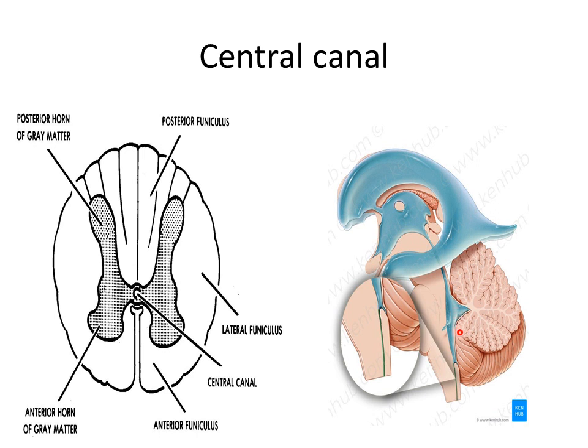Inferiorly, in the conus medullaris, it expands to form the fusiform terminal ventricle and terminates below within the root of the filum terminale. It is filled with cerebrospinal fluid and is lined with ciliated columnar epithelium, the ependyma. Thus, the central canal is closed inferiorly and opens superiorly into the fourth ventricle.